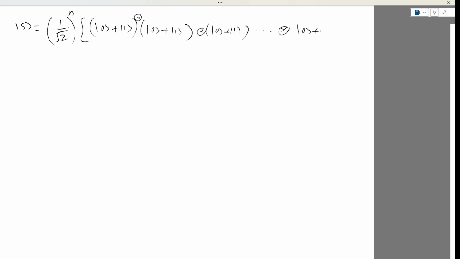This coefficient I can also write as 1 over square root of 2 power n. Now we have the first term, 0 tensor 0 tensor all the zeros.